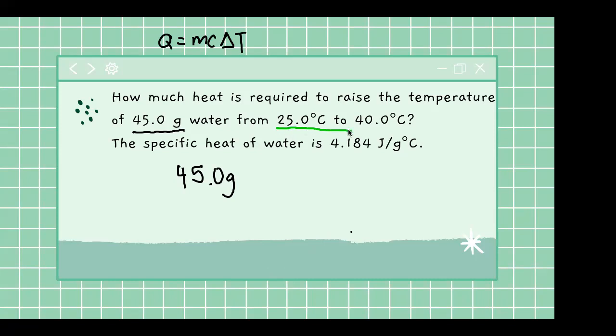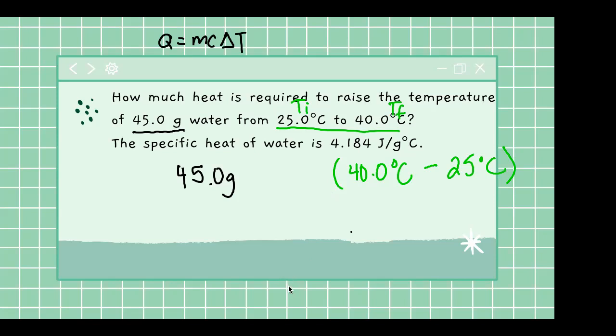So which one is the final temperature? 40, yeah, so from 25 to 40. If you get confused, it's what's after "to." So this is TF, this is TI. So we have 40 degrees Celsius minus 25 degrees Celsius.